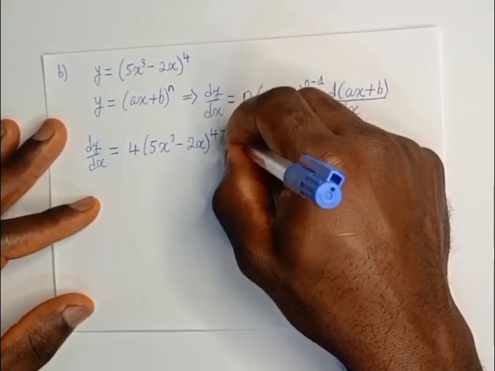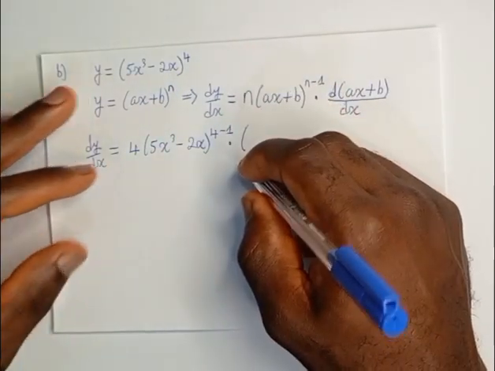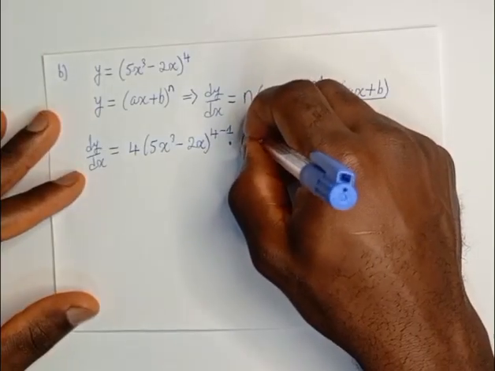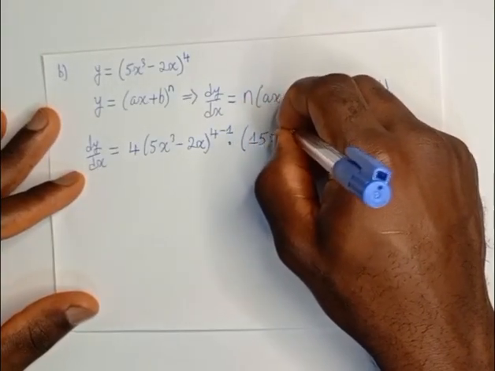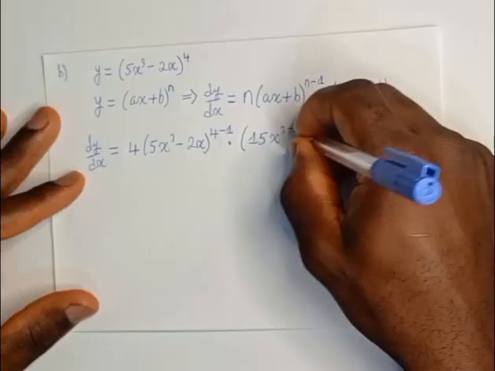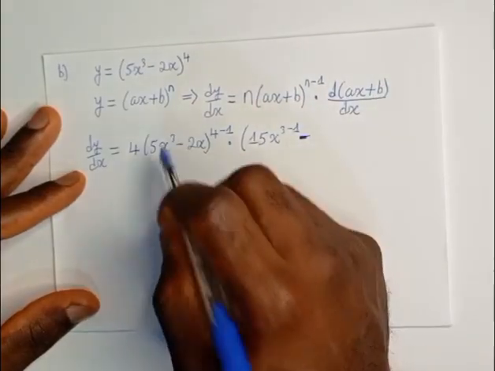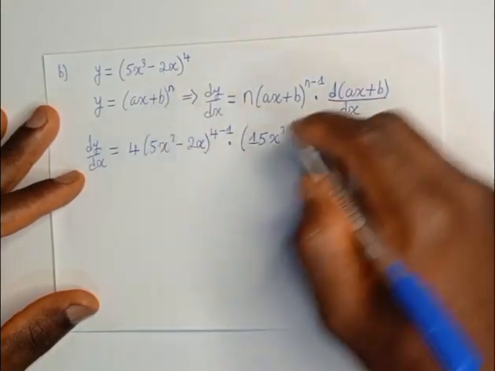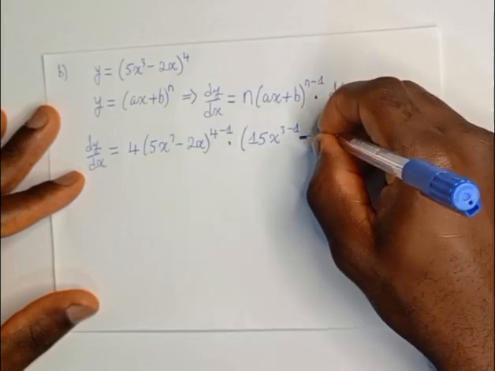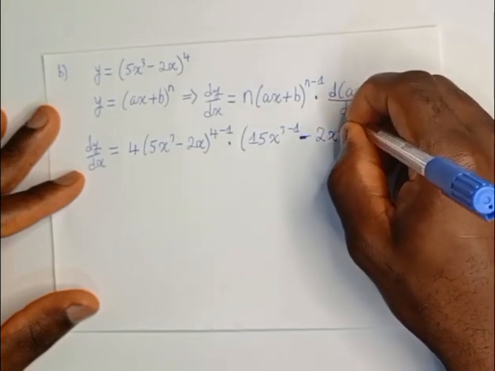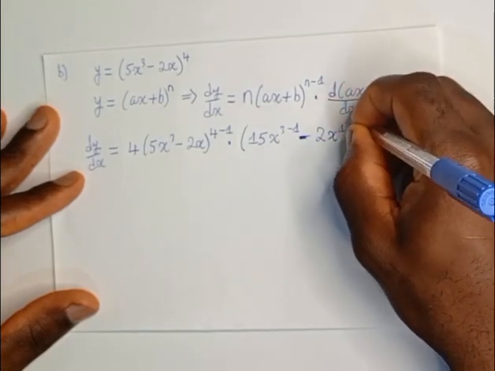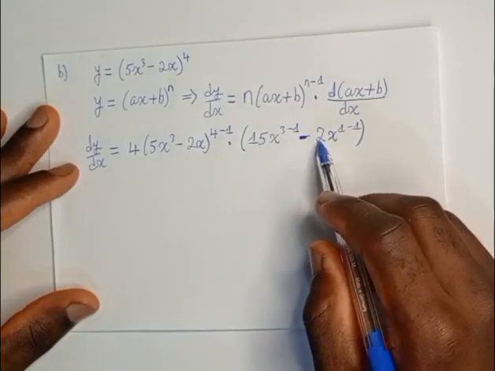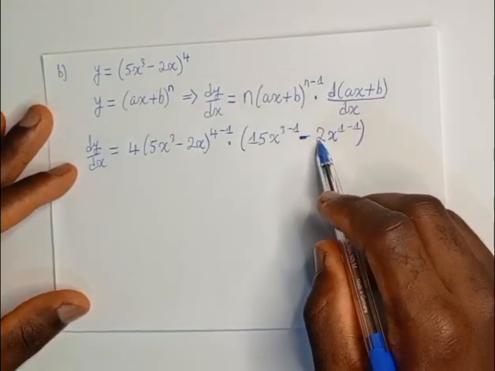Differentiating what we have in that bracket gives us 3 times 5, which is 15, x raised to the power 3 minus 1, minus the derivative of 2x, which is simply 2 times x raised to the power 1 minus 1. Remember, 2 times 1 remains 2.